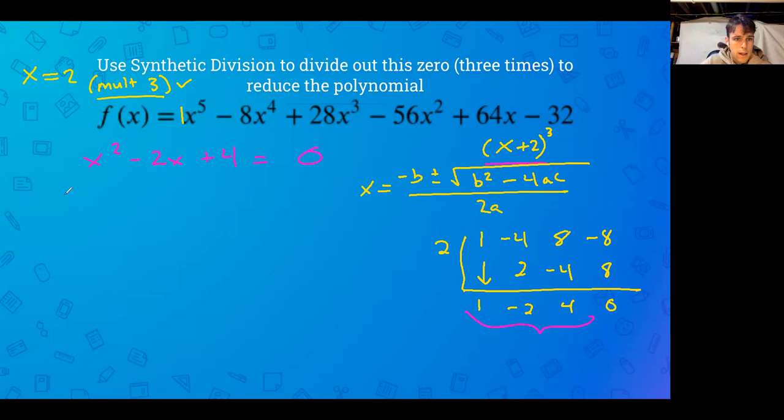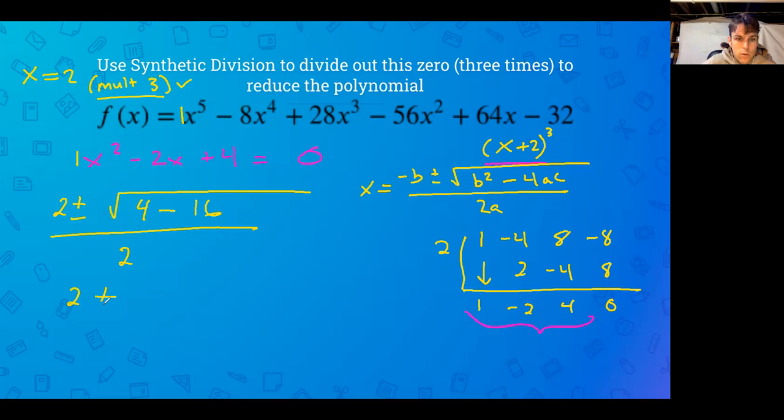So negative b is going to be 2 plus or minus square root b squared is 4 minus 4 times 1 times 4, so that's minus 16, all over 2 times a, which is 1, 2. Here we got negative 16, so that's 2 plus or minus, 4 minus 16 is negative 12, over 2.